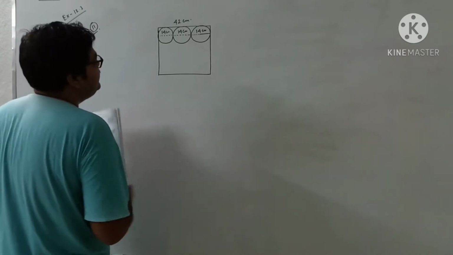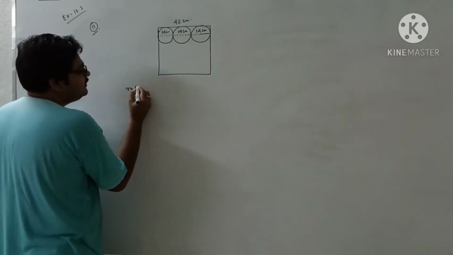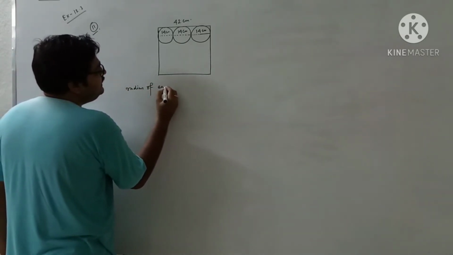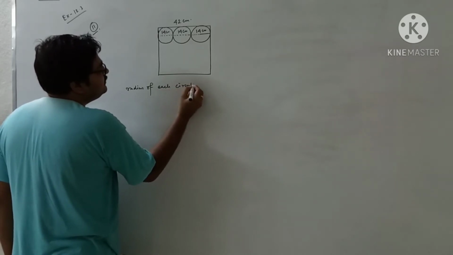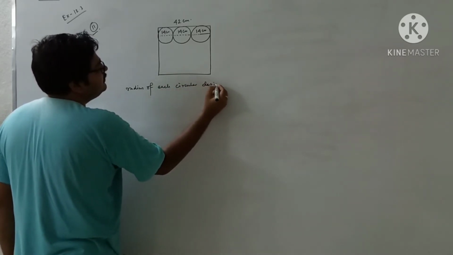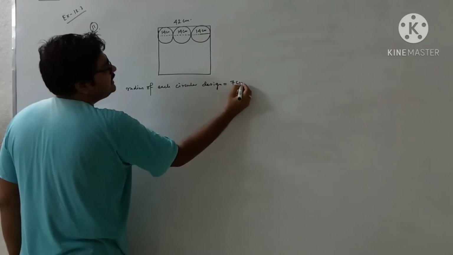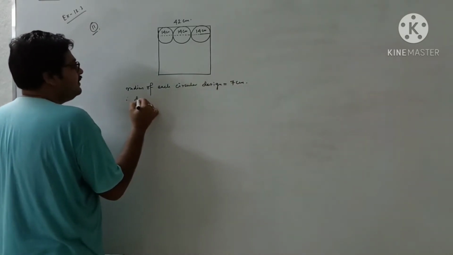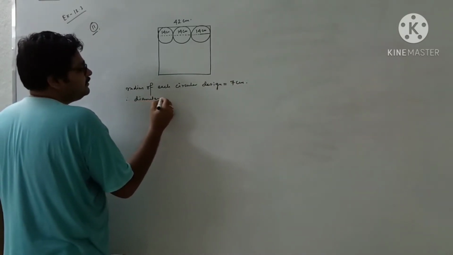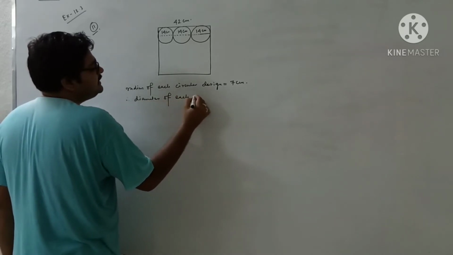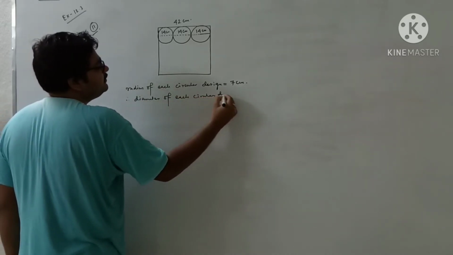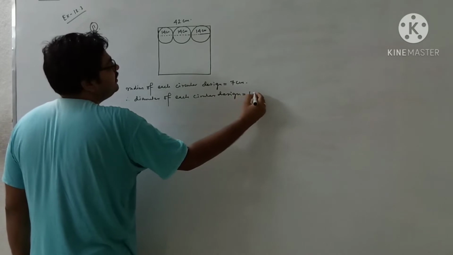First of all, we write like this: radius of each circular design is 7 cm. Therefore, diameter of each circular design is equal to 14 cm.